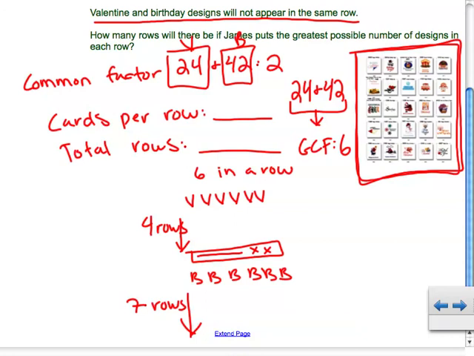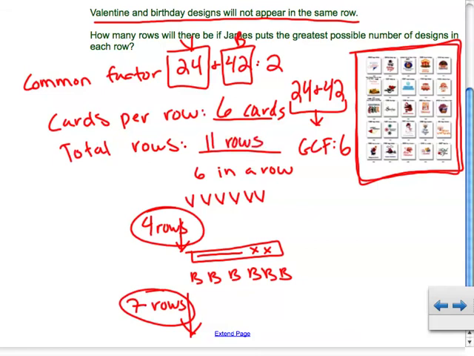So my cards per row, I'm going to do 6. And how many total rows? Well, I would have 4 of the Valentines and 7 of the birthday, so therefore I'd have 11 rows. And that kind of makes sense because when you add 24 plus 42, you get 66, and these two numbers will multiply to make 66, so that should be correct.